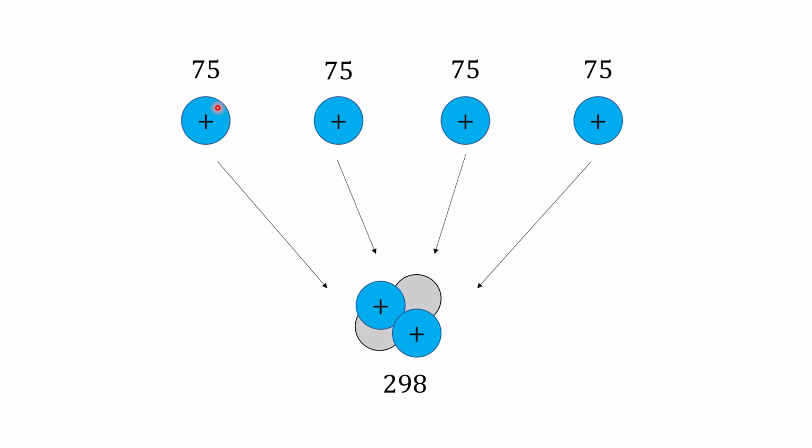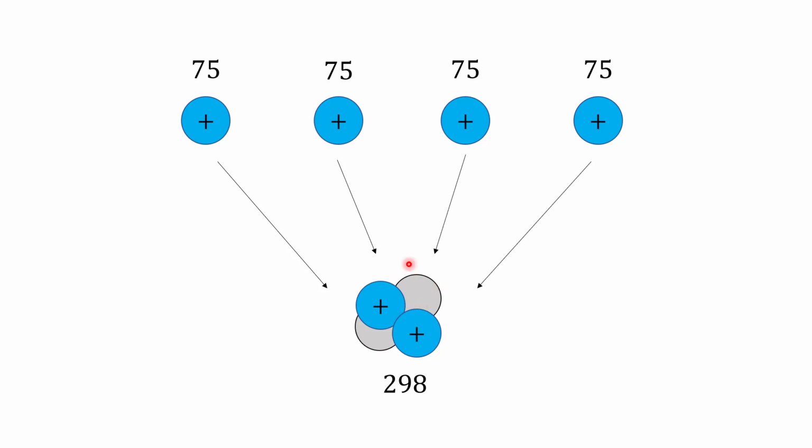But if the mass of each of these protons is 75, then during this rather complicated process at the core of the sun that combines those 4 protons into a helium nucleus, and obviously that requires the conversion of 2 of these protons into neutrons, we still have 4 nucleons overall, but now 2 of them are protons and 2 of them are neutrons.